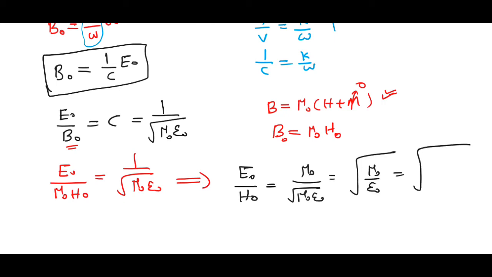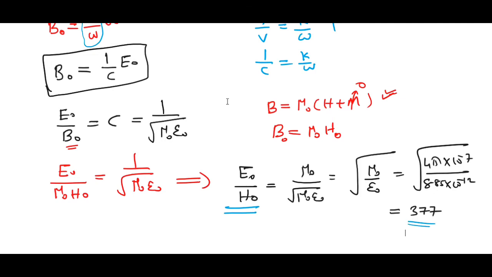If you substitute the value of μ0, that is 4π into 10 power minus 7, and ε0 is 8.85 into 10 power minus 12, then if you do the calculation, this will be 377. Now, what will be the unit of this E0 by H0? So what is the unit of the 377?